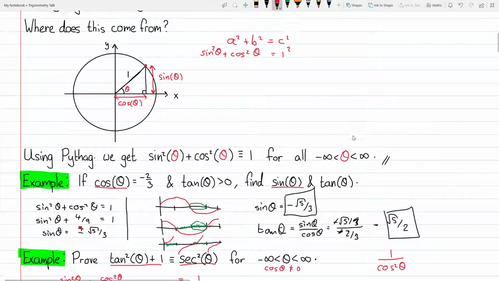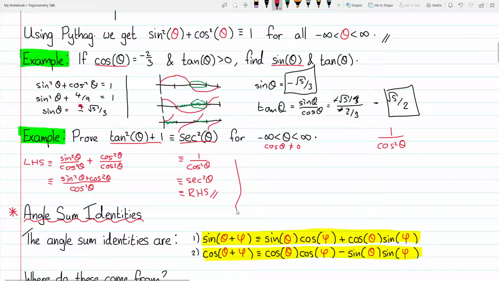So in fact, we can, if we wanted to here, we know that something is true. We know that sine squared of theta plus cosine squared of theta is identical to 1. So this is something we know is true. Well, if we divide through by cosine squared of theta, so this equality still holds, well, what do you get?